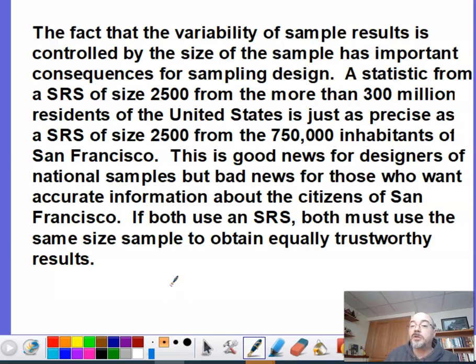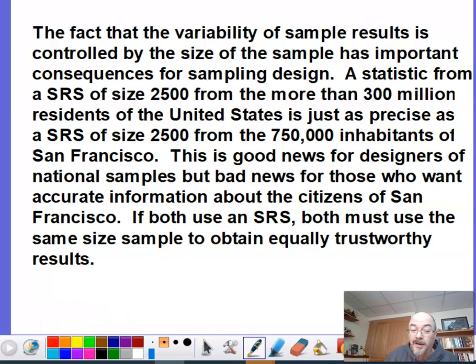This is good news for designers of national samples, but bad news for those who want accurate information about the citizens of San Francisco. If both use an SRS, both must use the same sample size to obtain equally trustworthy results.